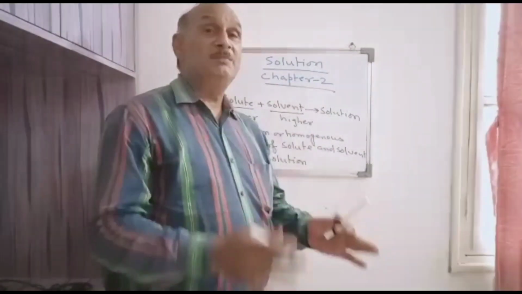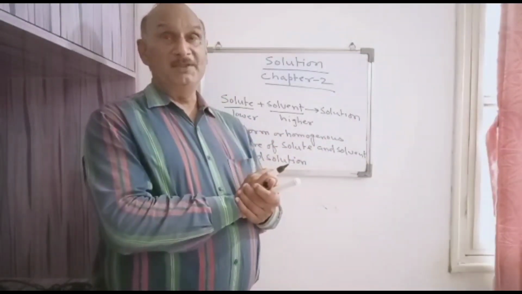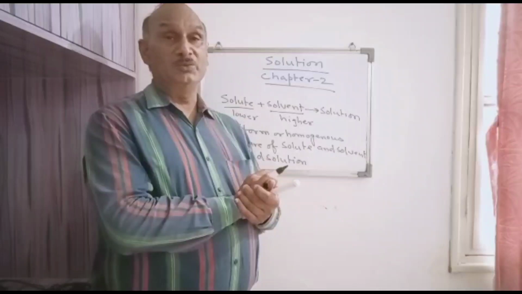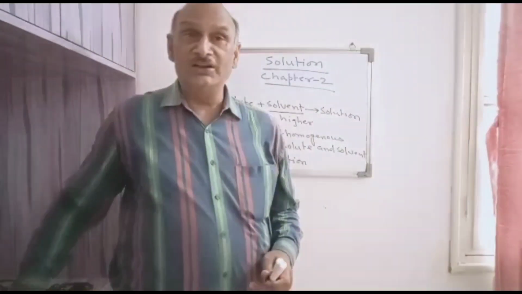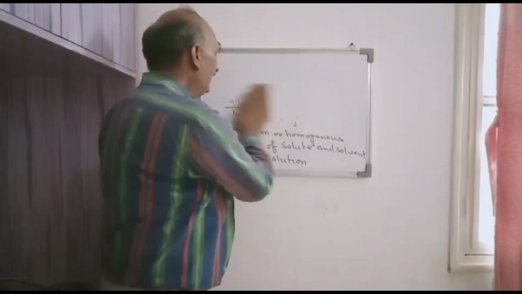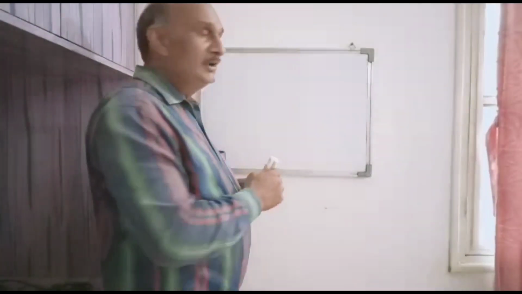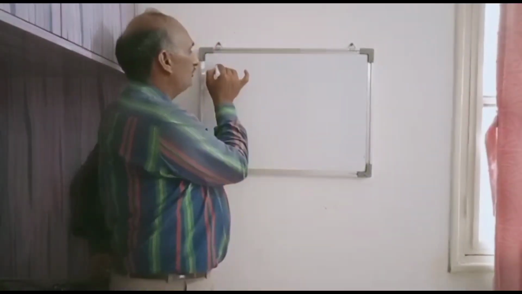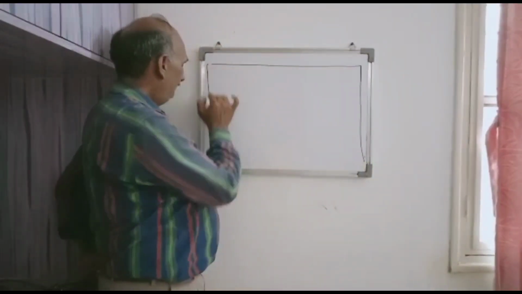On the basis of the physical state of the solute and solvent, we can classify solutions into a total of 9 categories. The categories of solution on the basis of the physical state of the solute and solvent are given in the form of a table.